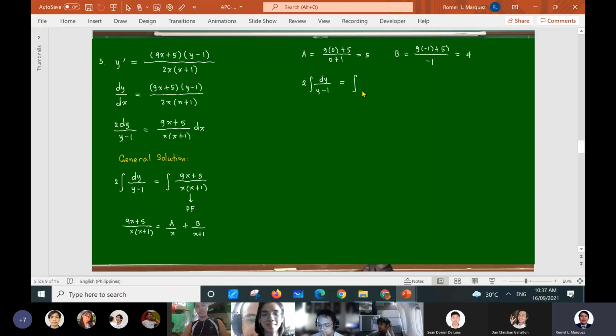What is that equal to? What is my A? 5 dx over x plus the integral of B. What is B? 4. Then dx over x plus 1.